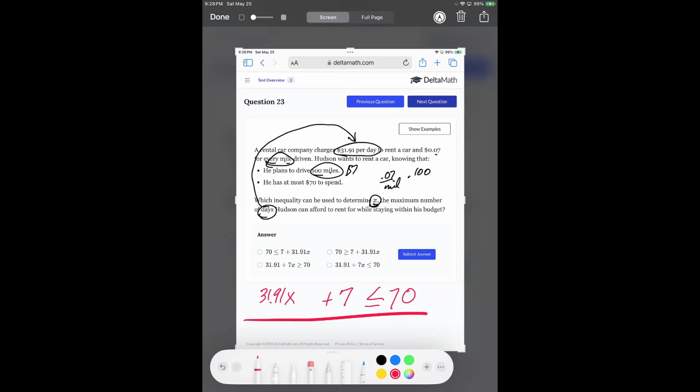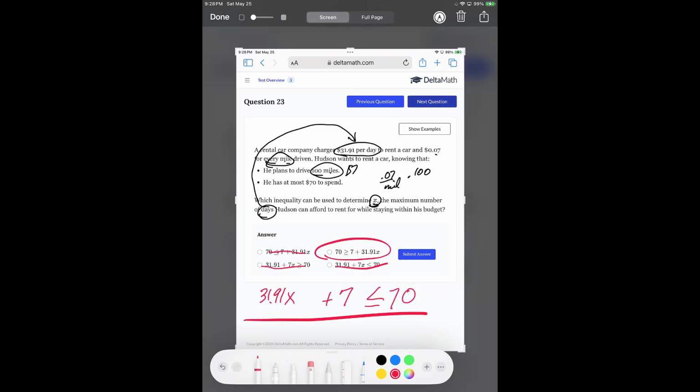So we need to find something like this. This one is close, but it's not right. This one is close, but it's not right. This one is close, but it says that we have more than $70. This is the one right here. Now, the fact that they got the 70 first, that doesn't matter.